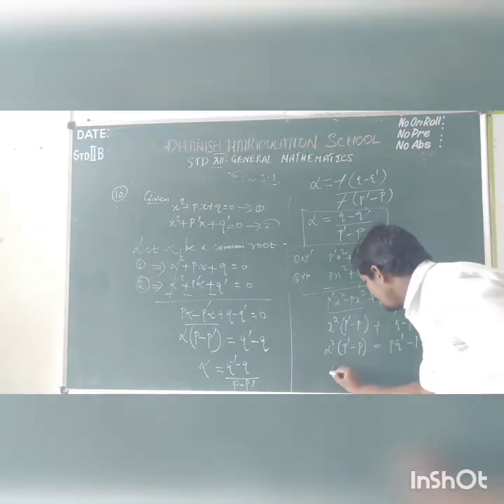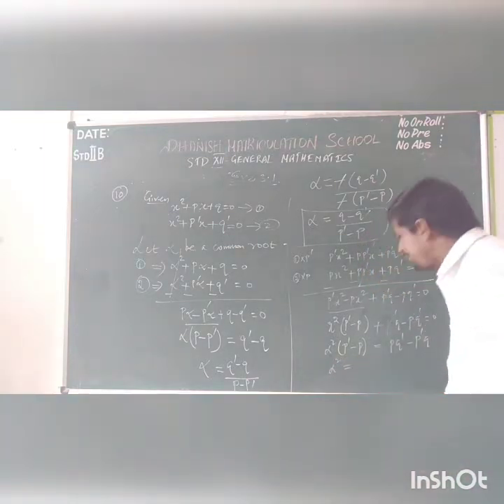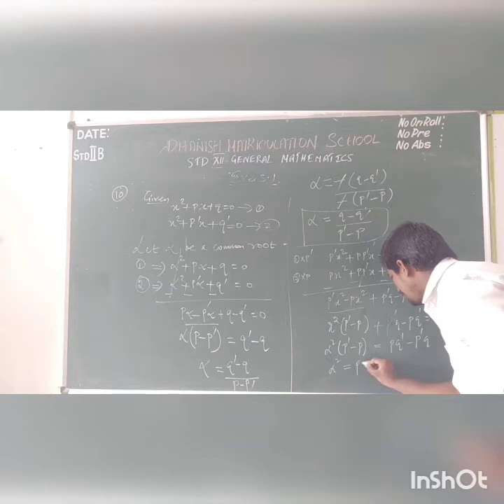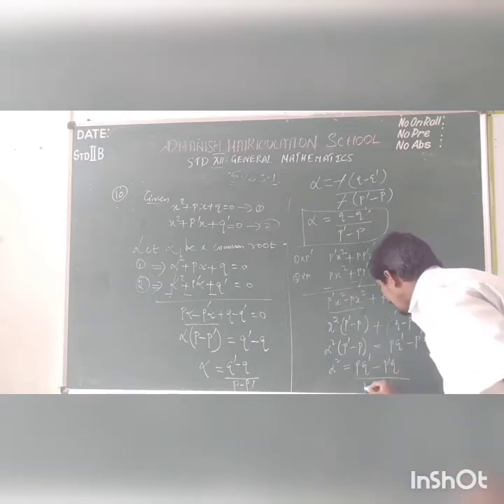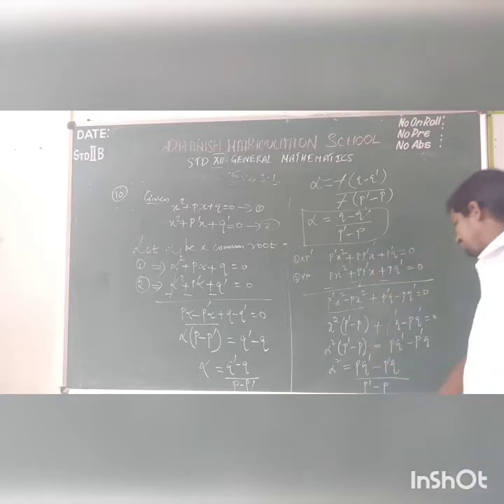Now I am going to find alpha square from this. So alpha square equals (pq' minus p'q) divided by (p' minus p).